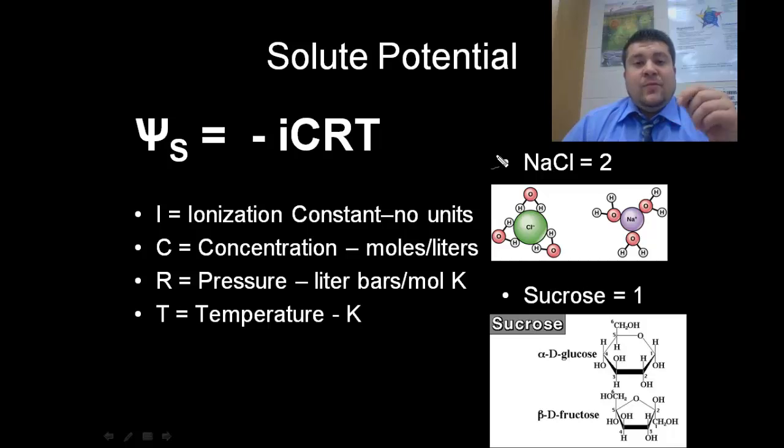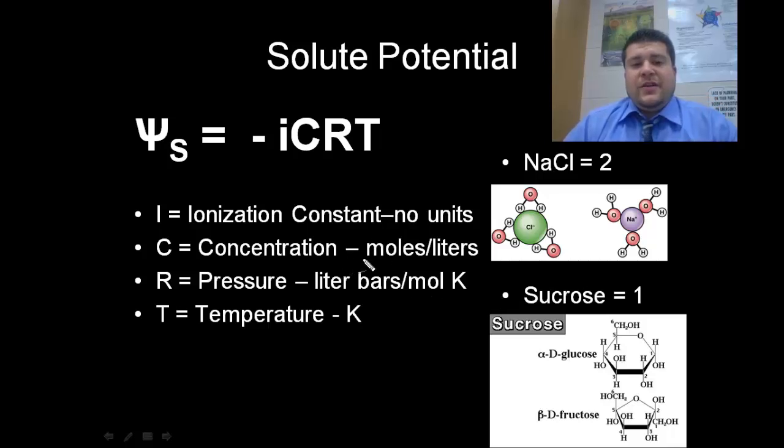And so if we were to add 1 mole of salt into a liquid, we'd actually be adding 1 mole of sodium and 1 mole of chlorine. And so we have to multiply that by 2. With sucrose, it's a different story. Sucrose is covalently bonded and is a disaccharide, which means it has 2 sugars. And so when it's placed in water, it doesn't dissociate. And so we only give it a number of 1.